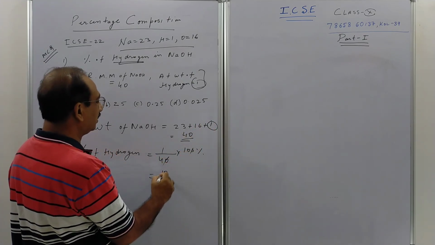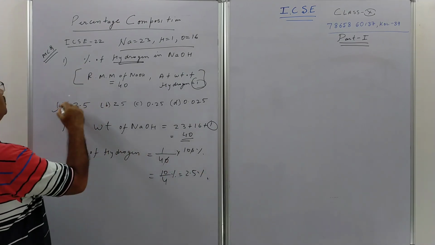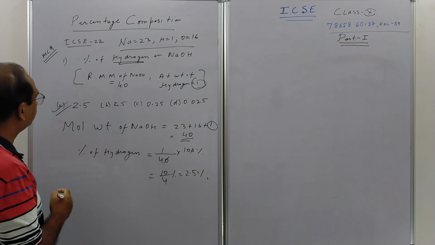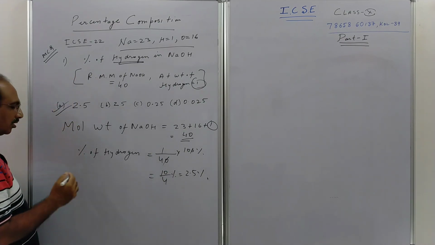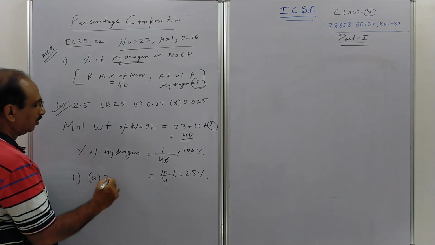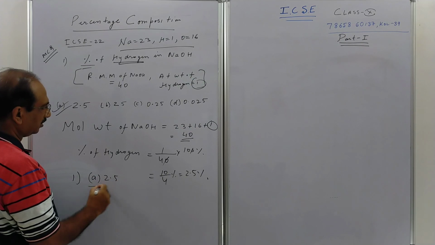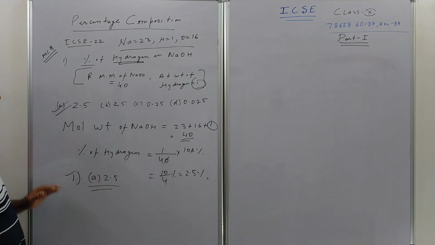If you cancel, 10 by 4 is 2.5%. So the first option is right. You would have written that particular question number. Suppose here it is 1, A, 2.5. Since percentage is mentioned here, it is not mentioned over here. So this is the correct option.